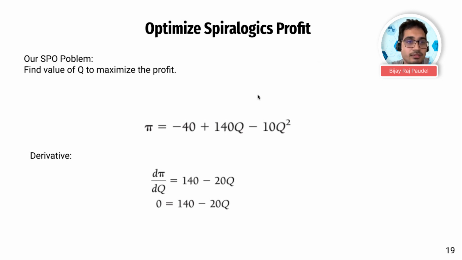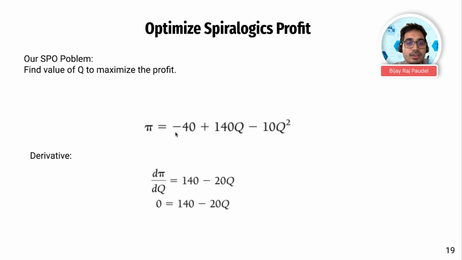So that is the derivative. For our Spiralogics profit optimization problem, we have pi equal to minus 40 plus 140q minus 10q squared, just putting it into constant, first order, and second order form. The middle term is revenue and the other two are expenses.